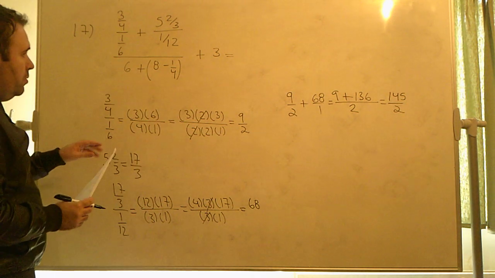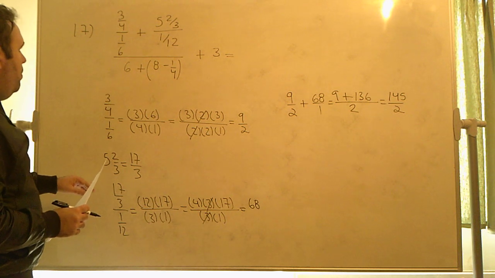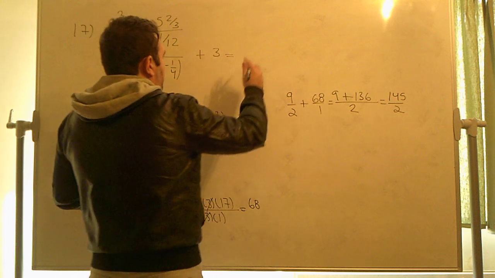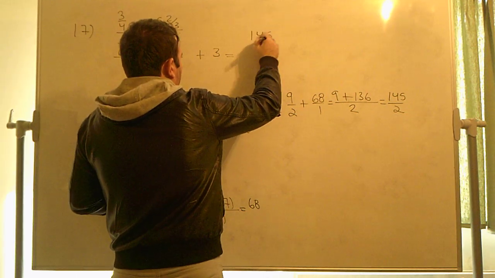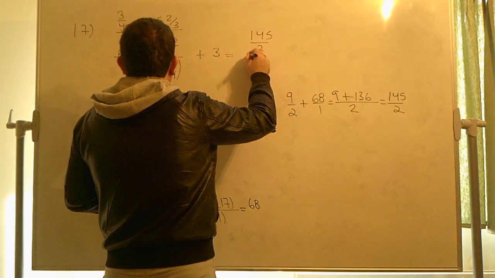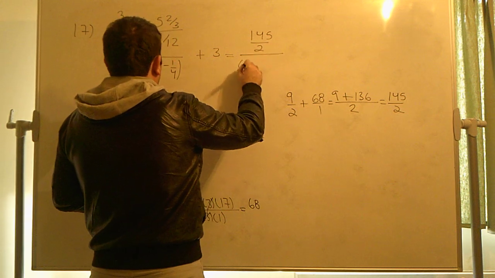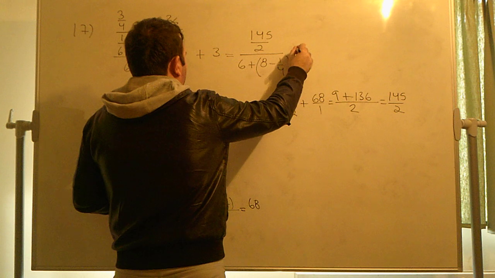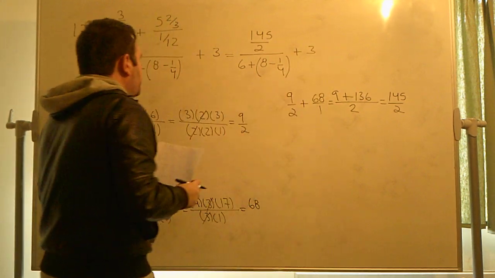So really this could be written down as 145 divided by 2 divided by 6 plus 8 minus 1/4 plus 3.